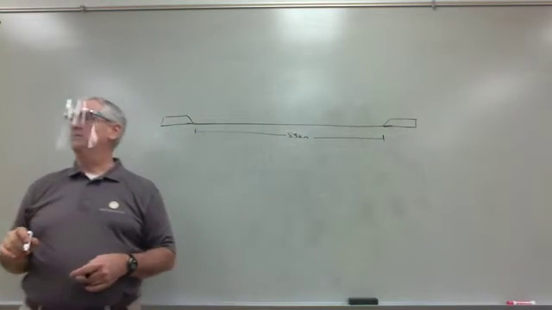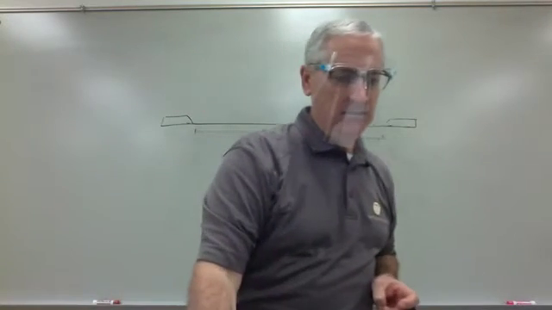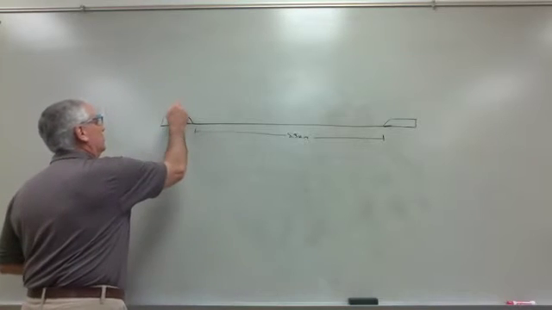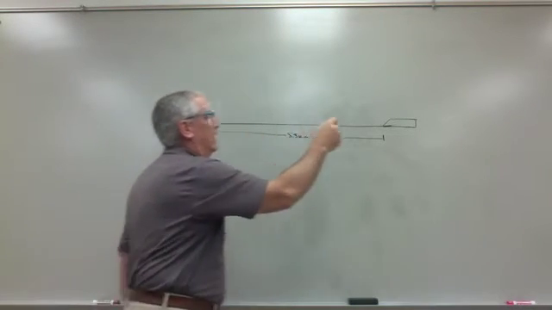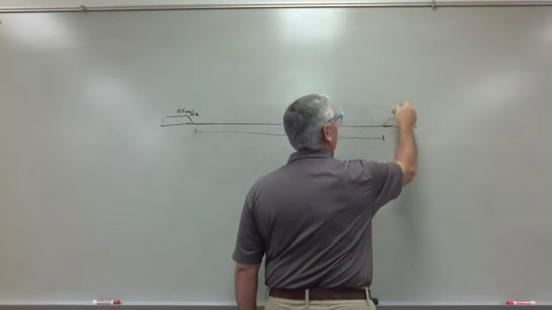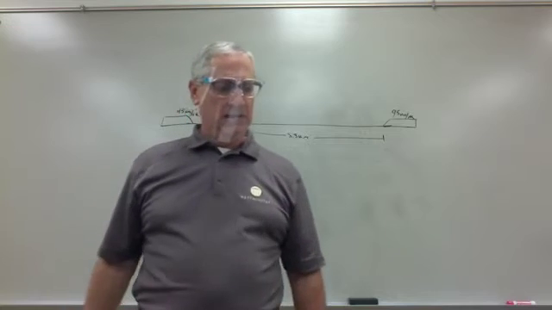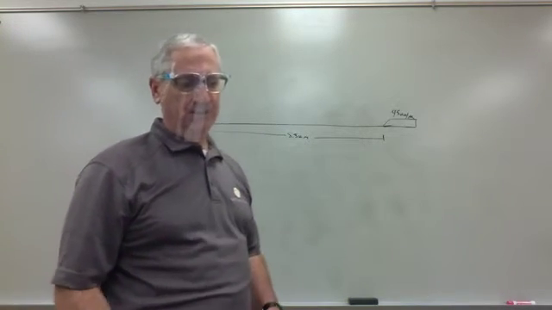Excellent. They're both going 95, I think, miles per hour. Are they? I mean, kilometers per hour. 95 kilometers per hour? All right, so 95 kilometers per hour and 95 kilometers per hour. Okay? So, what's the question?